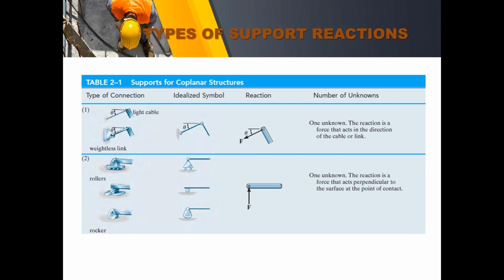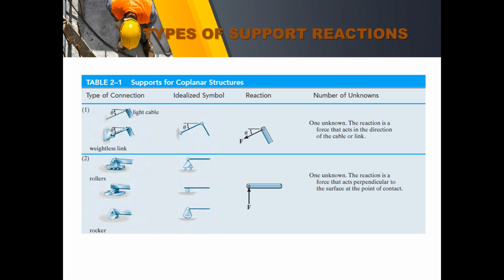So first we have the light cable, okay, and that light cable by the free body diagram is actually acting in tension. So the number of unknowns is 1, and the reaction is a force that acts in the direction of the cable or the link. The second reaction support is the roller.